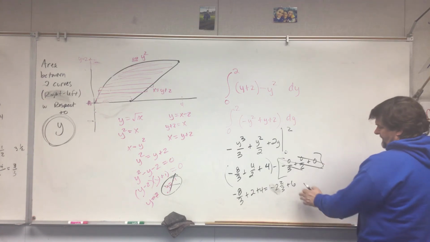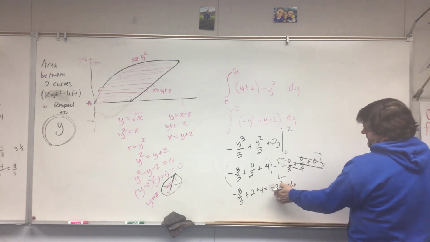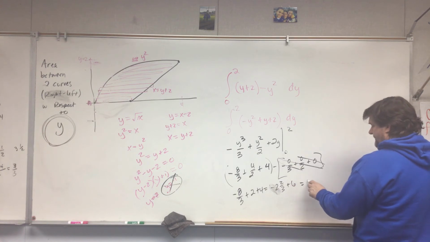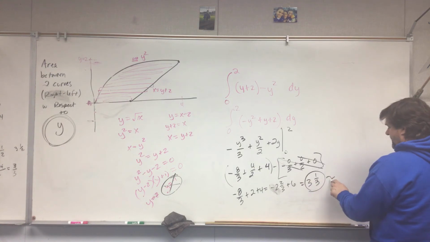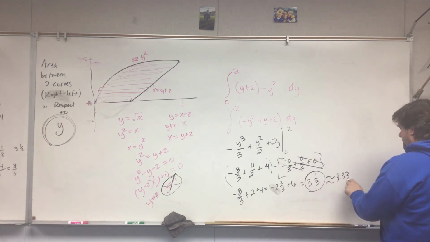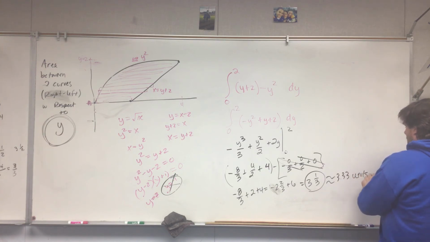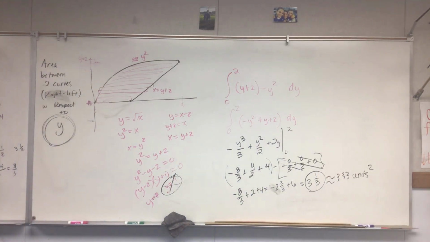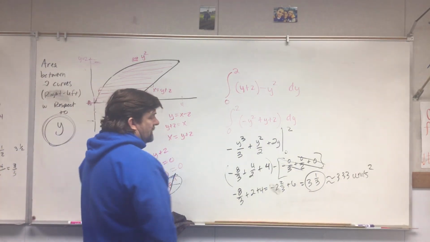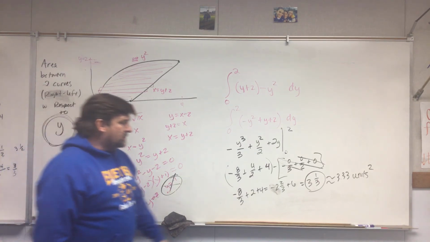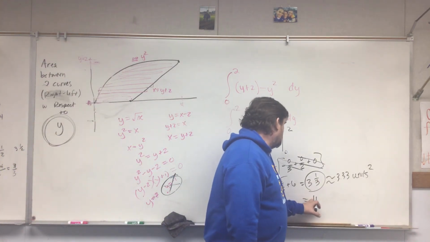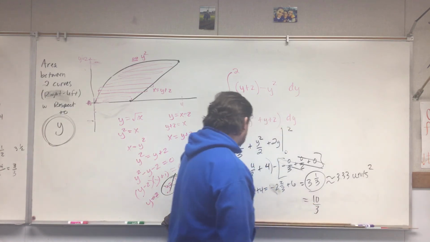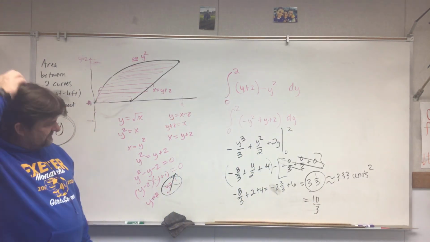So that's going to be 3 1/3, or approximately 3.33 units squared. See if I did my math right real quick. Yes, 3.33 units squared. If they wanted an exact value, 10 over 3 would be an exact value for you guys.